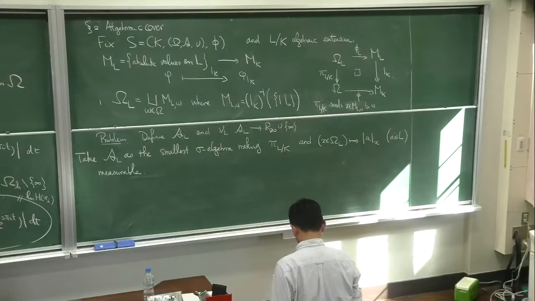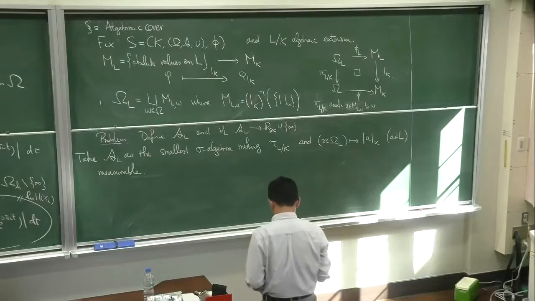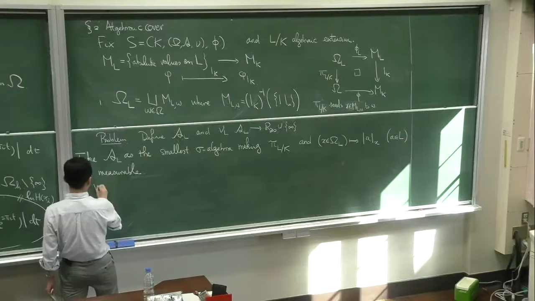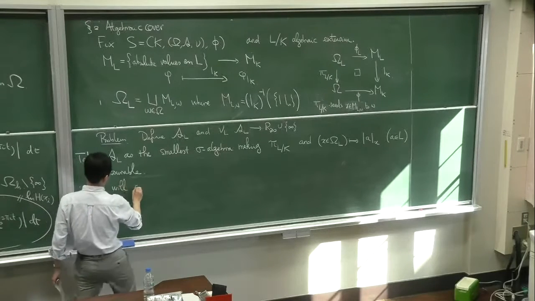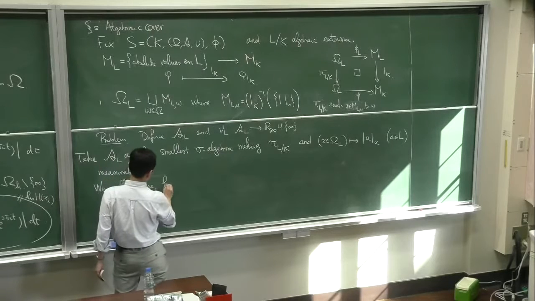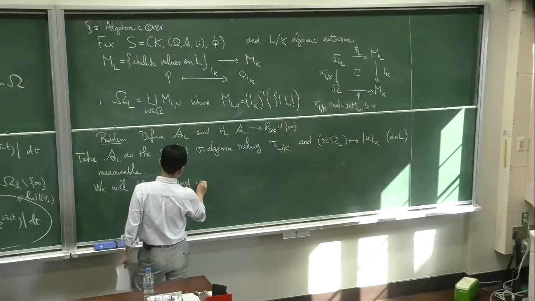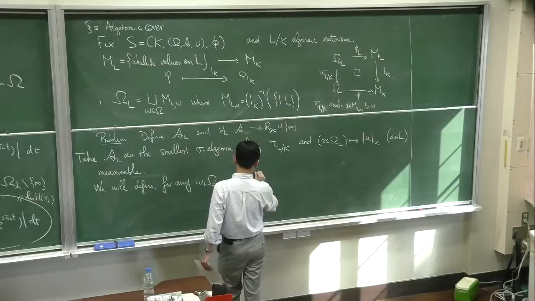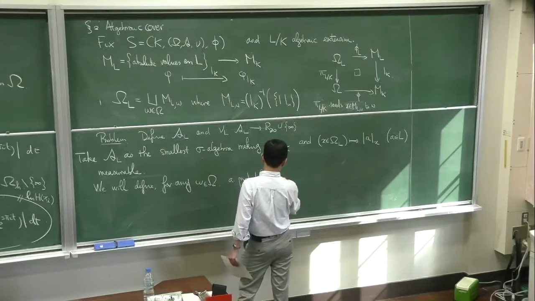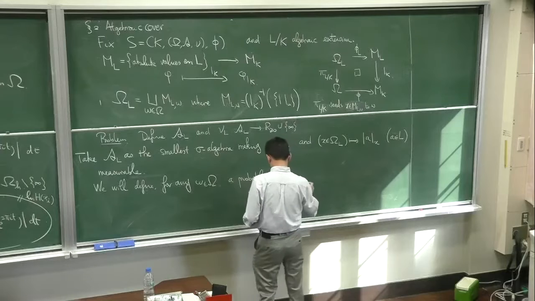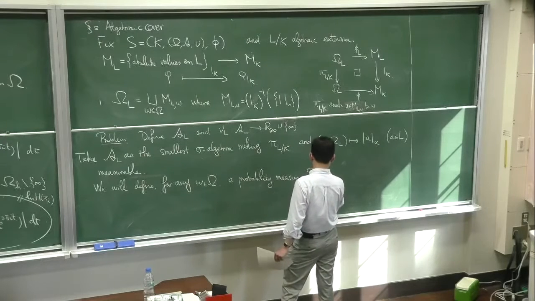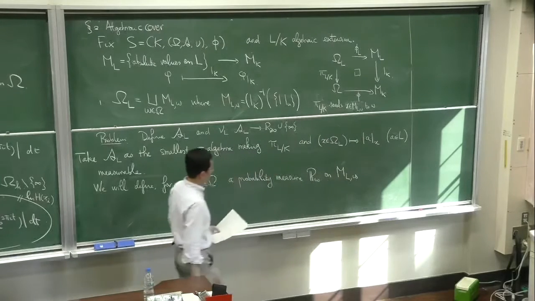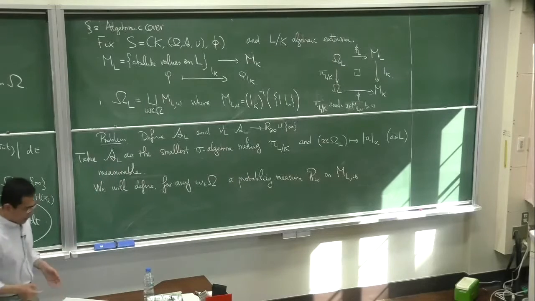So we will define, for omega in omega, a probability measure P_omega on M_{L,omega}.